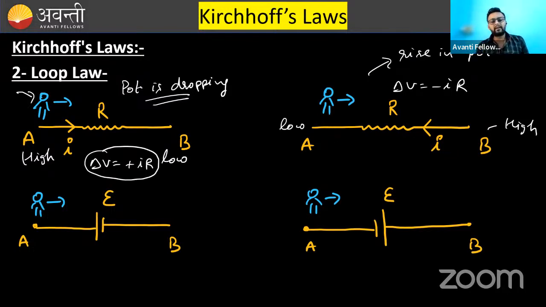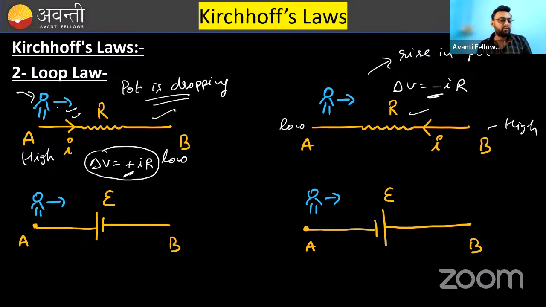So what you should remember, that's a tricky part. Whenever you are moving in the direction of current, write it as positive. Whenever you are moving opposite to the current, write it as negative. Two things are clear.